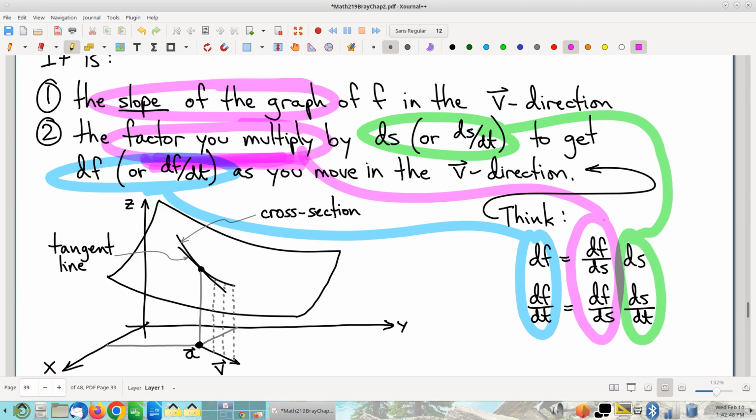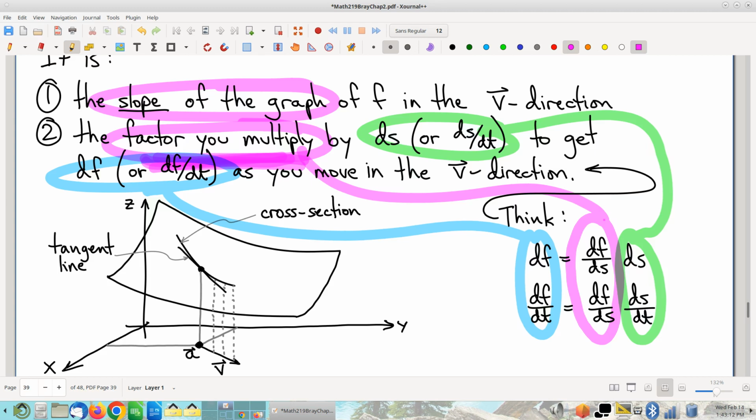I think this is a lovely notation. It kind of gives you an alternative point of view on how to think about a directional derivative. It's the rate of change of the function with respect to distance traveled. Now distinguish that from rate of change with respect to time. After all, time depends on how fast you're going.